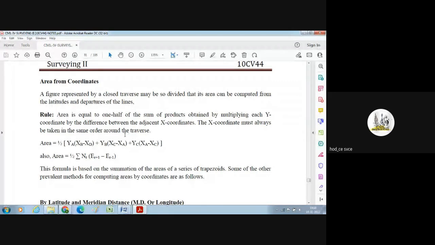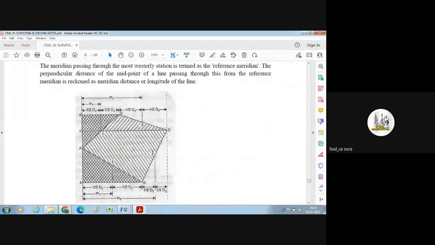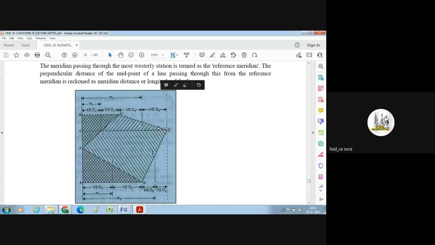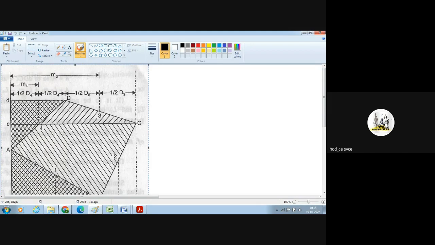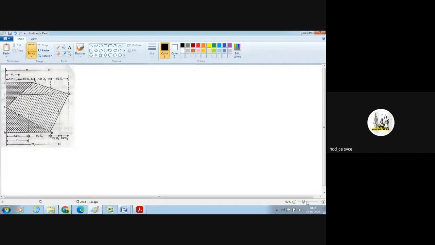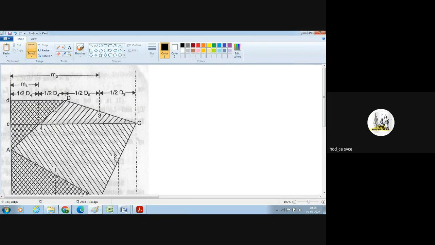Okay, see here. Within this figure, one of the sections is A, B, C, D. See here.